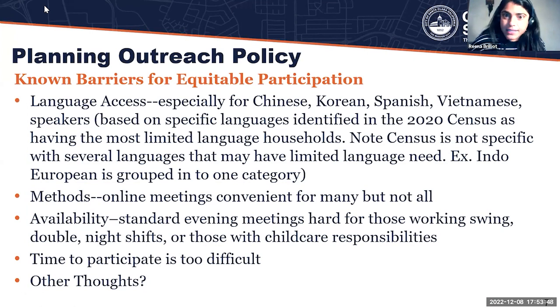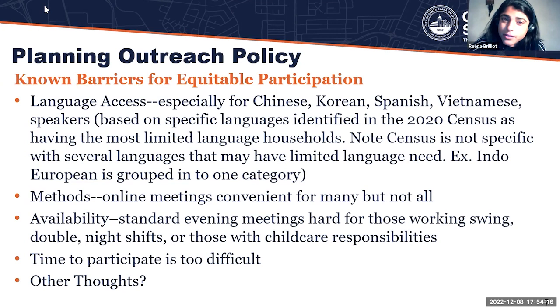We did have a census that was conducted in 2020. And what that census told us was a lot of interesting demographic information about our city. And so we do know that we have residents in our city who have limited language access to English. And this is especially true of people who speak Chinese, Korean, Spanish, and Vietnamese.